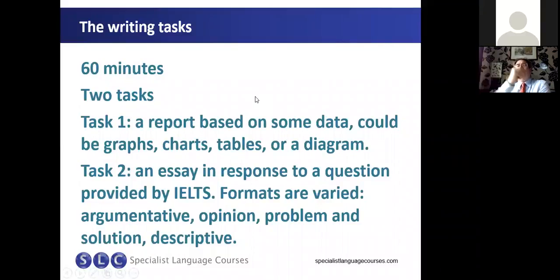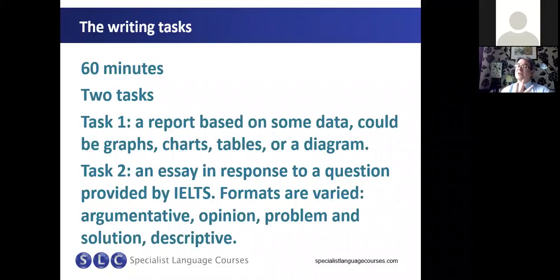So as you all know, the writing tasks for IELTS are allotted 60 minutes, 1 hour. There are 2 tasks. Task 1, a report based on some data. It could be graphs, bar charts, bar graphs, whatever you want to call them, line graphs, pie charts perhaps.